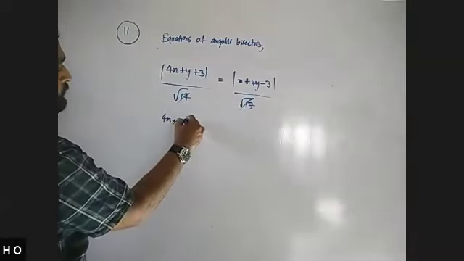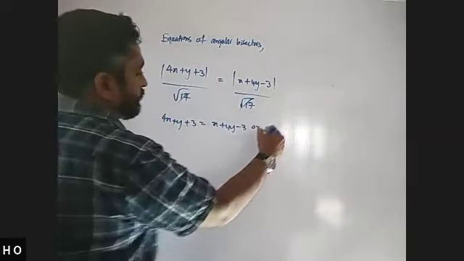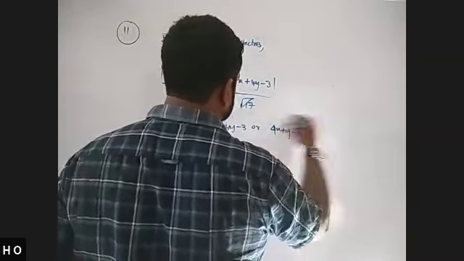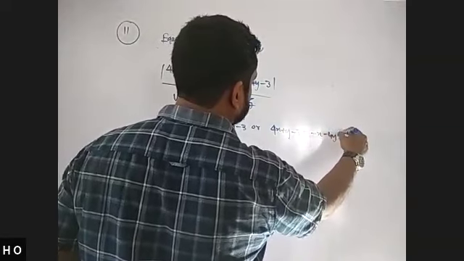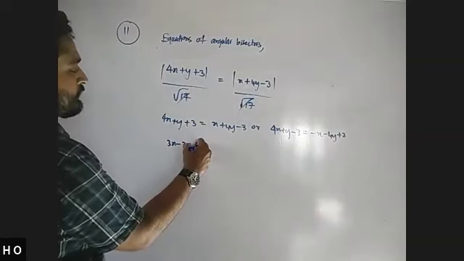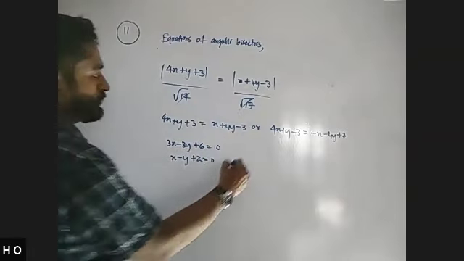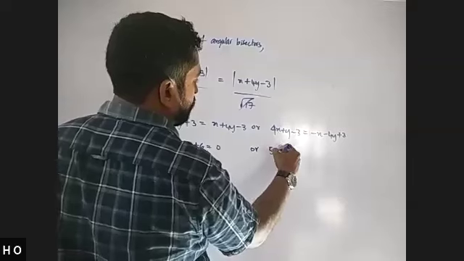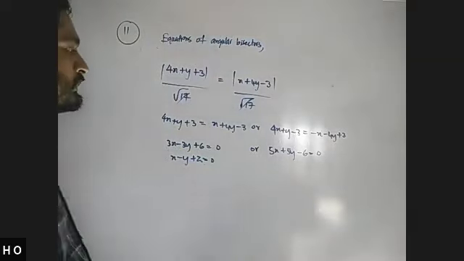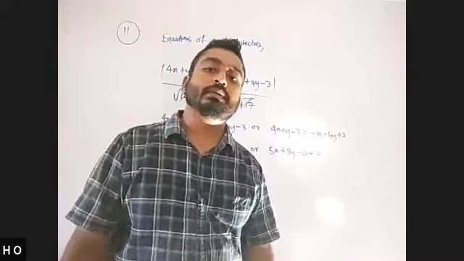So 4x + y + 3 = x + 4y - 3, or 4x + y + 3 = -x - 4y + 3. So 3x - 3y + 6 = 0, that is x - y + 2 = 0, or 5x + 5y - 6 = 0. Those are the equations for the given two sides of the square.